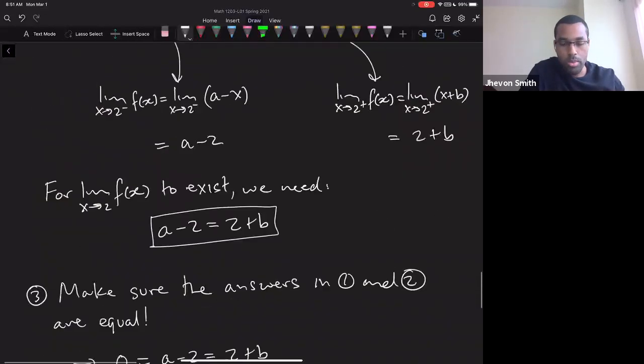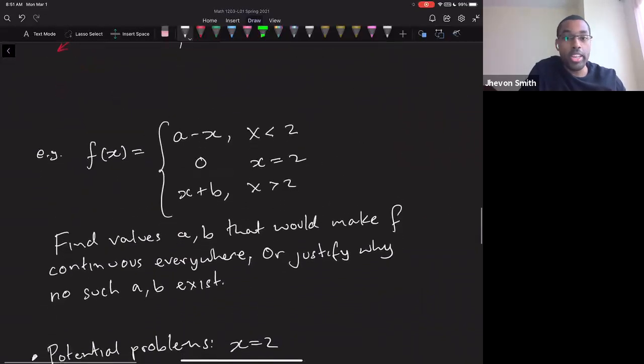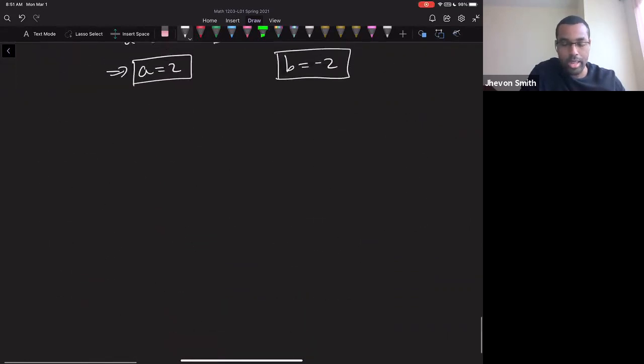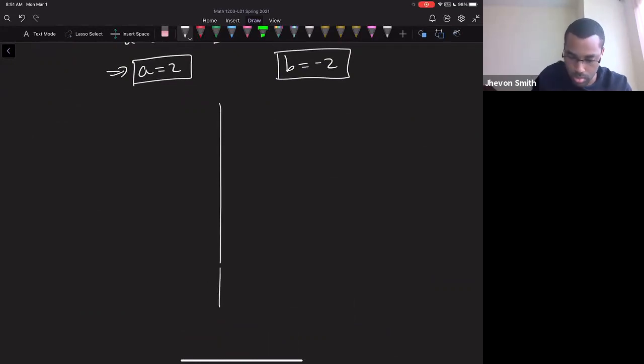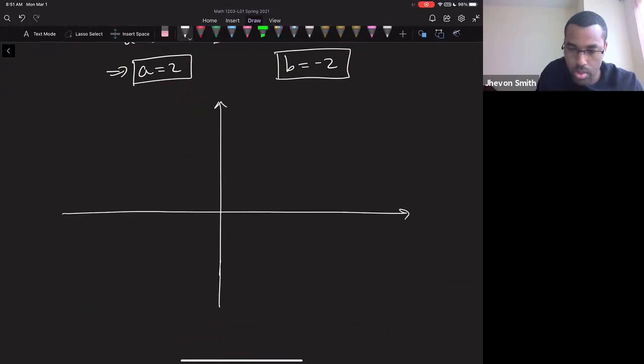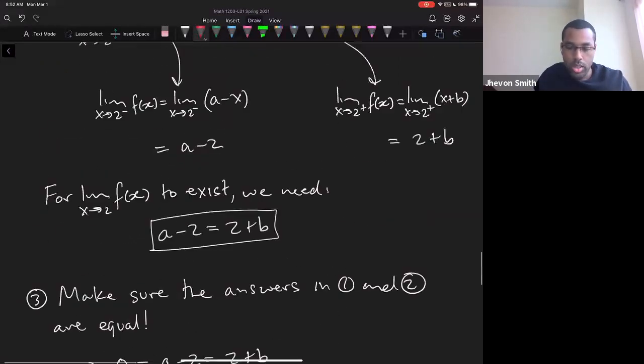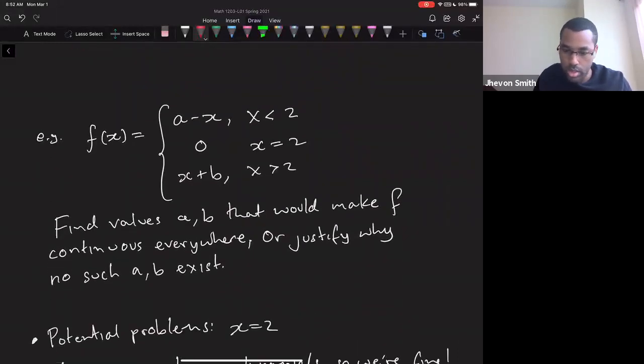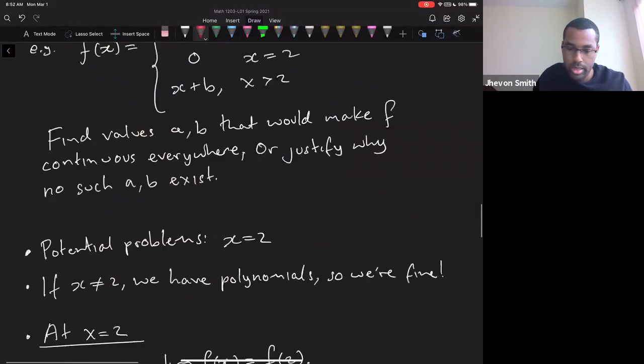Okay. So for this function to make sure that this is actually continuous, I would need a to be 2 and b to be minus 2, and then it would work. So it would actually look like, on the left, 2 minus x.